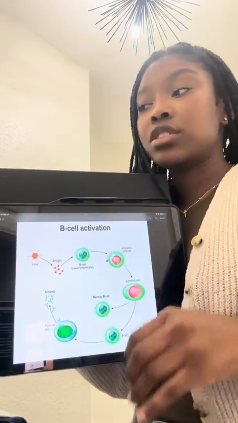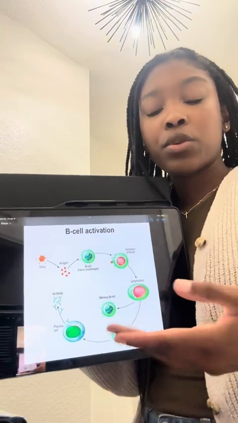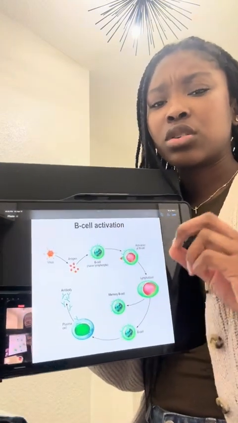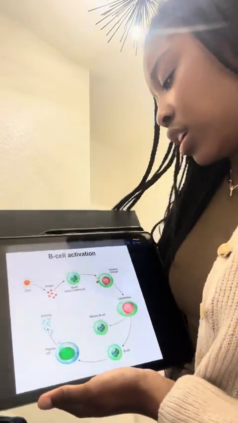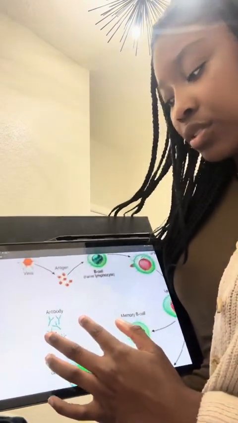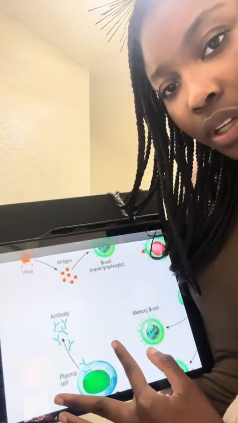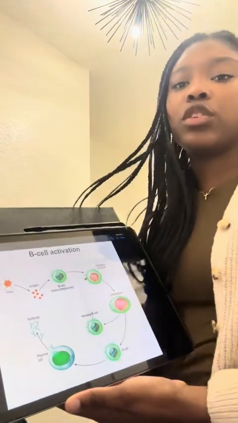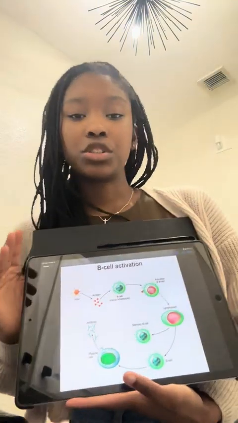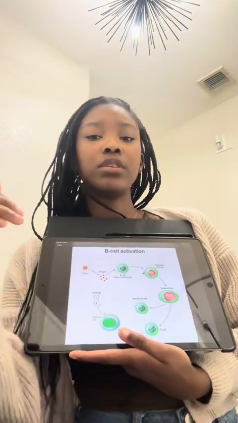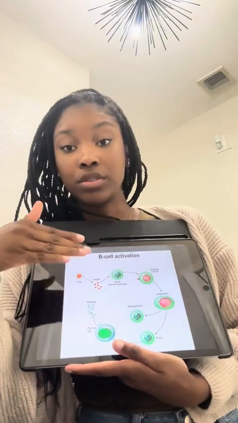That B cell then turns into a plasma cell, which produces antibodies, which are little Y-shaped proteins, which look like that, so you can see better. Those Y's. These antibodies travel through the body and stick to the invaders, marking them for destruction by other immune cells.